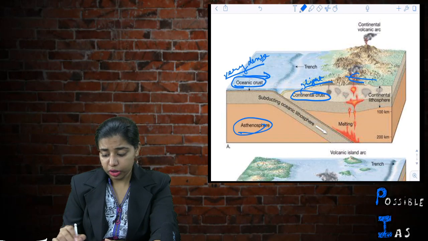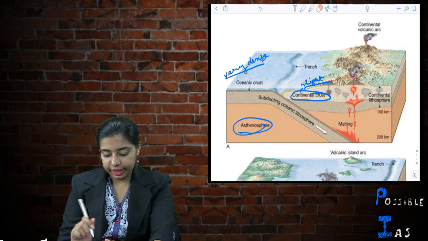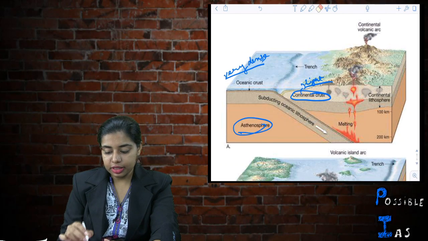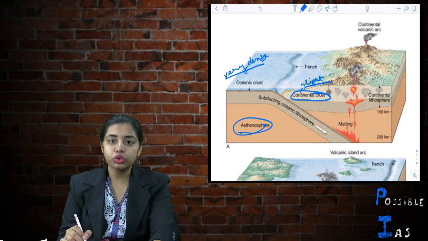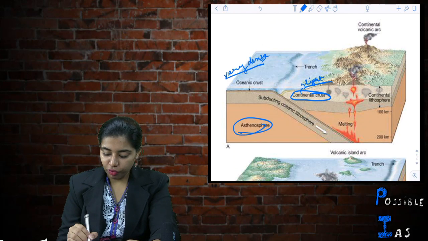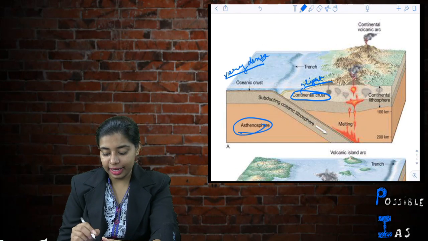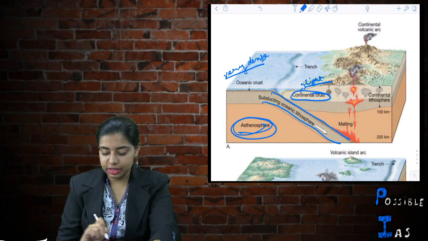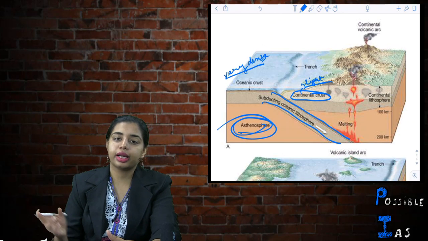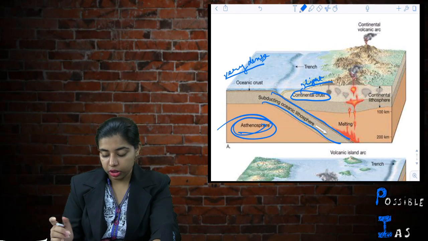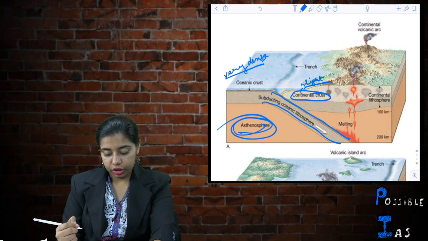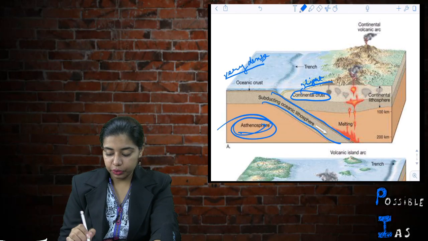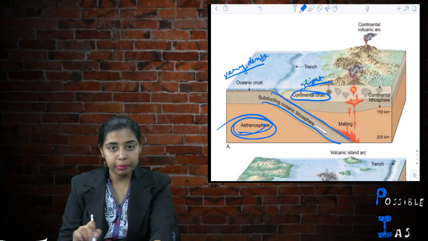The continental crust is able to bully it and override it, whereas the oceanic crust is already heavy, so it tries to subduct beneath into the asthenosphere, like how a rock sinks into water.